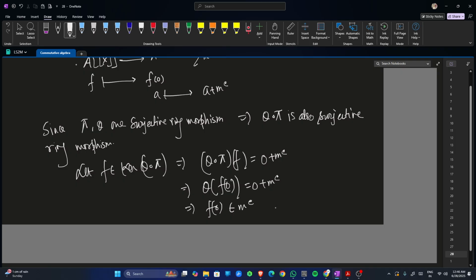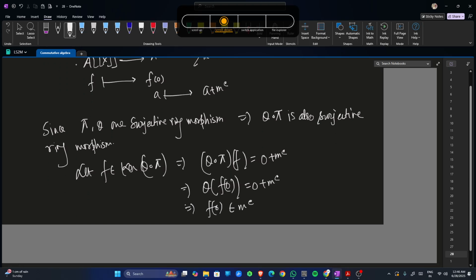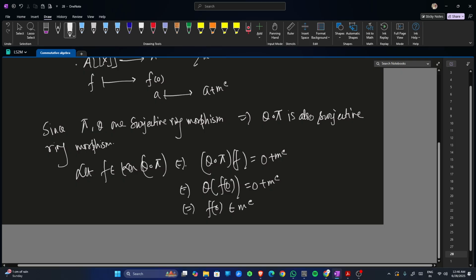Okay, F0 is in m contraction, and this is actually an if and only if condition. If it is in m contraction, then that holds.